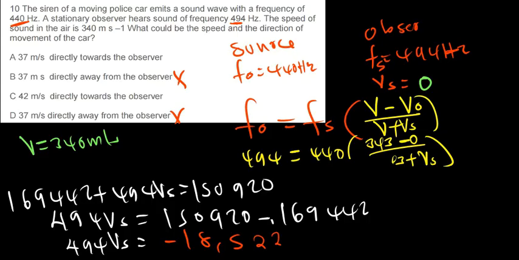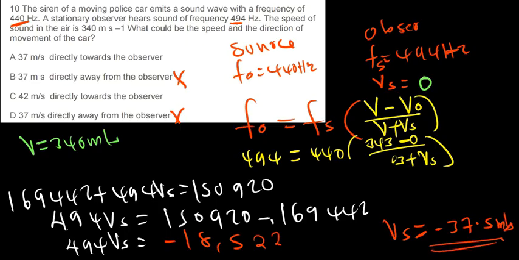Divide it by 494, and we get negative 37.5 meters per second.